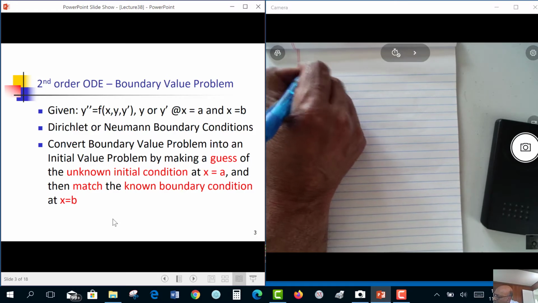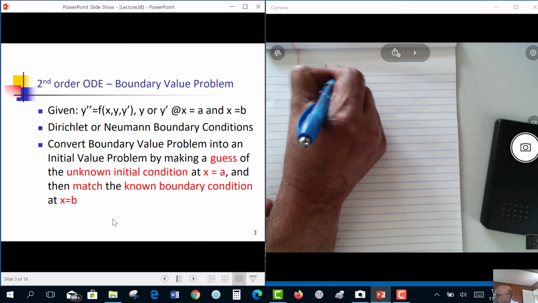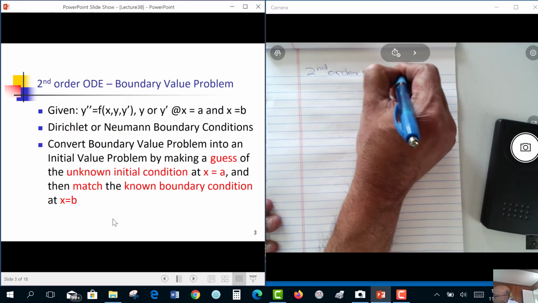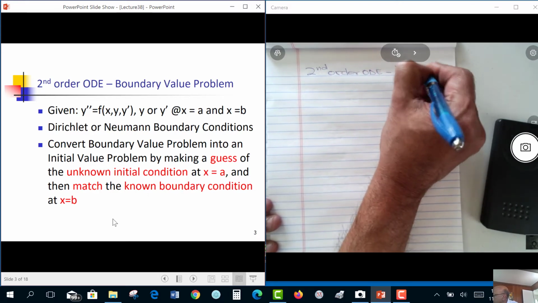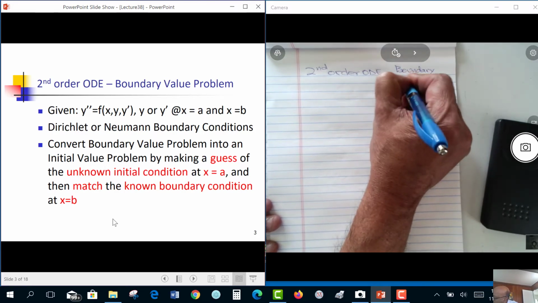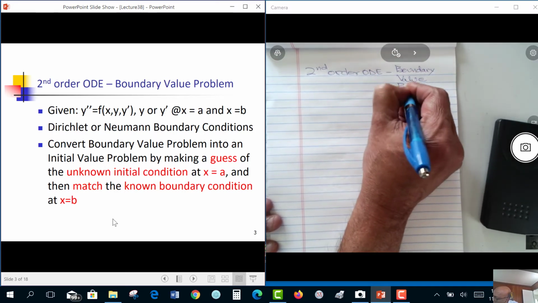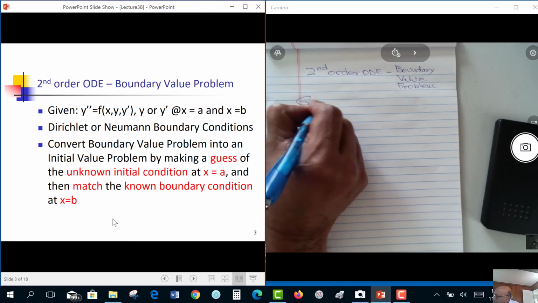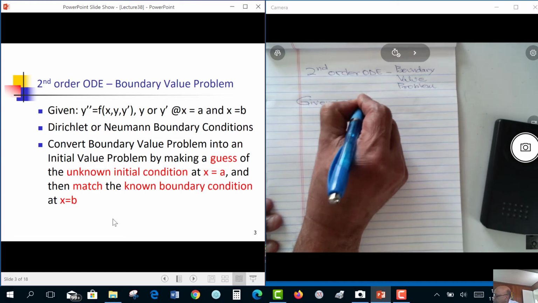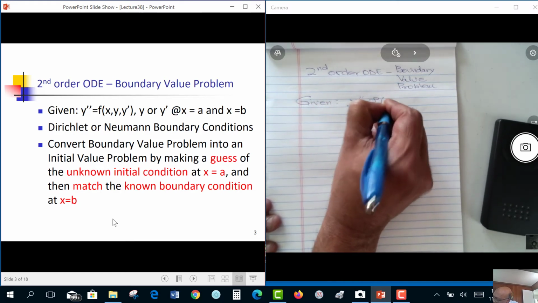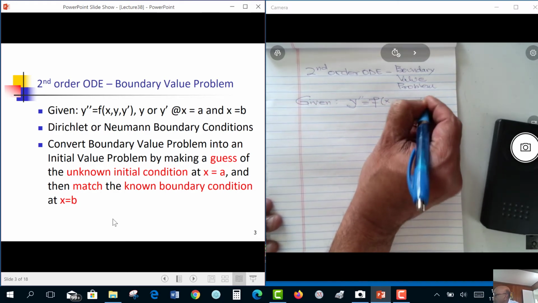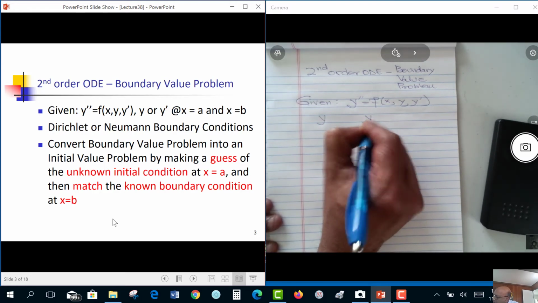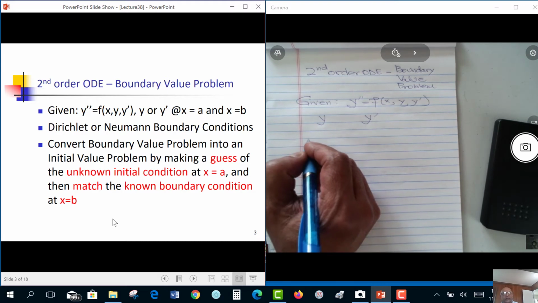Now, if instead we look at a second order ODE but a boundary value problem, that says that if we have a second order differential equation, we might be given y and y prime at different locations.